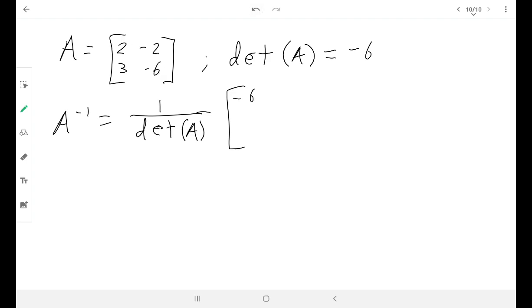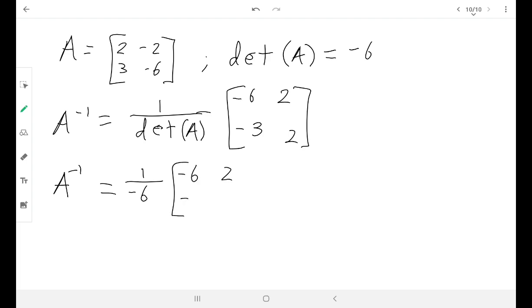So it's going to be -6 here and 2 there, the new diagonals. And then I'm going to take these two and make them opposite signs. So this is going to be +2, this is going to be -3. So A inverse equals 1 over -6 times -6, 2, -3, 2.